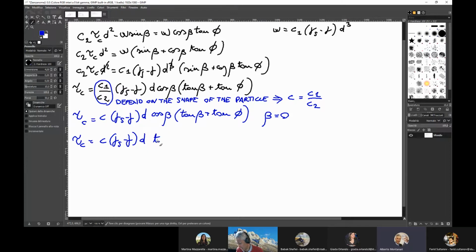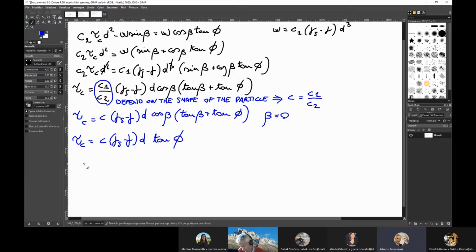Okay, tan phi. So this is the final equation, and we can write it in this way.